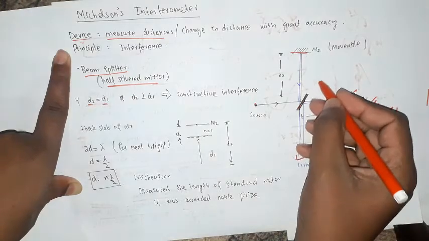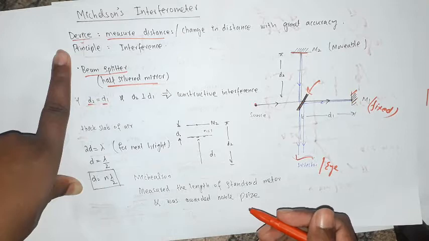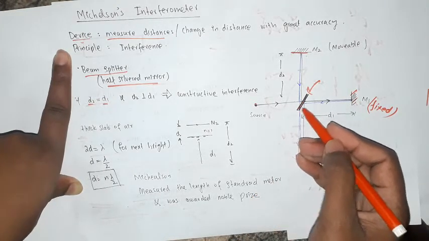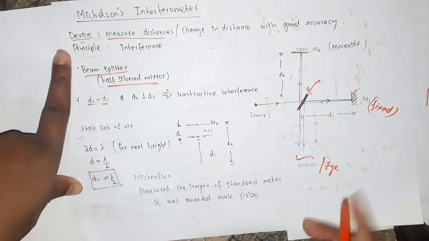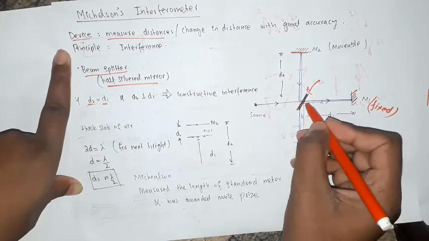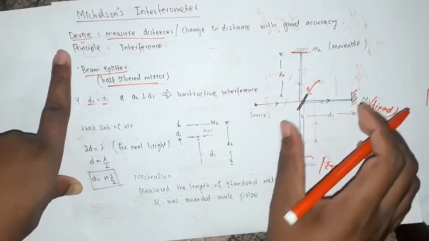Remember that we have taken the thickness of this beam splitter as negligible, but if it has a certain thickness, then we cannot use this model, and we would put another plate here, but we are not going to do that. So if D2 is equal to D1, they cover the same distance.